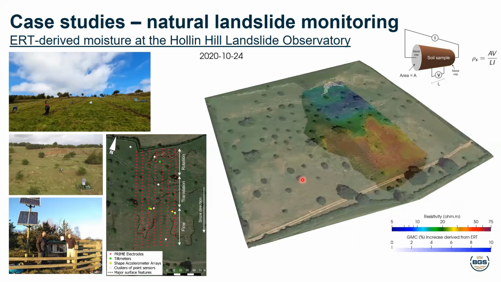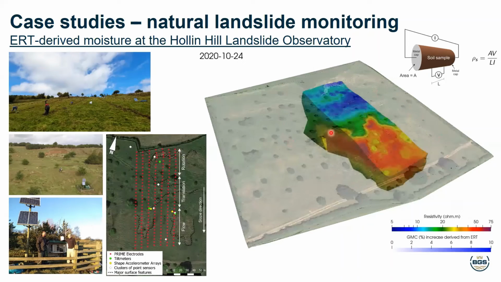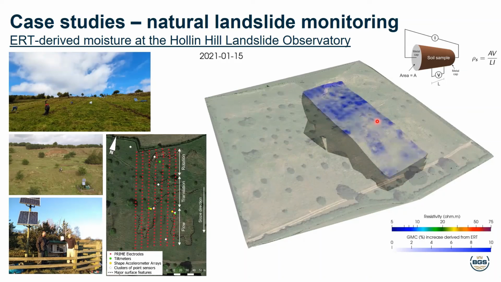So in this animation, we first see the distribution of the resistivity, but then the changes are not showing up as changes in resistivity, if you like, but as changes in moisture in this case. So we start to see here at the top of the slope moisture buildups, which are directly expressed and quantified in terms of moisture and not only in terms of resistivity.